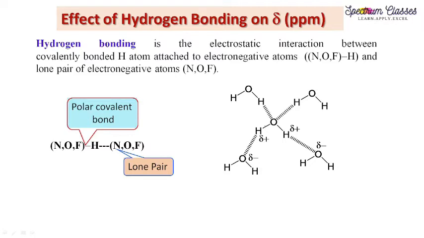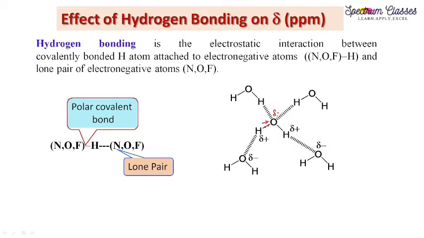I'll just show two dots of shared electrons, and it tries to pull these electrons towards it. Since complete transfer is not there, hydrogen acquires a partial positive charge and oxygen acquires a partial negative charge.